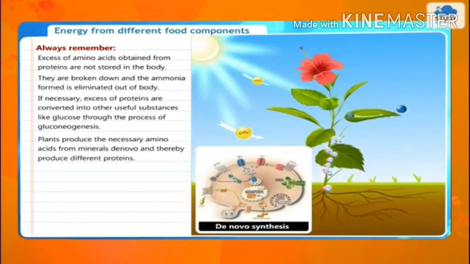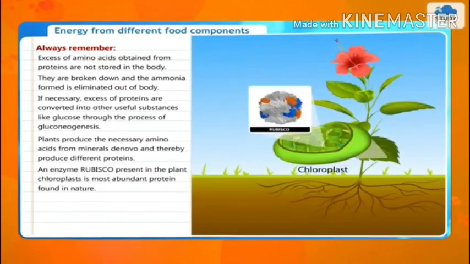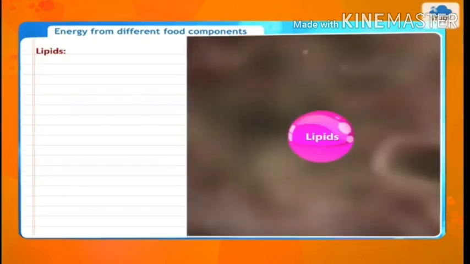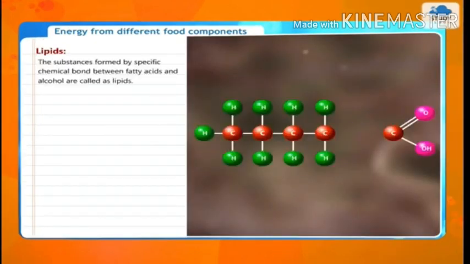Plants produce the necessary amino acids from minerals de novo and thereby produce different proteins. The enzyme RuBisCO, present in the plant's chloroplast, is the most abundant protein found in nature. We will discuss it later.